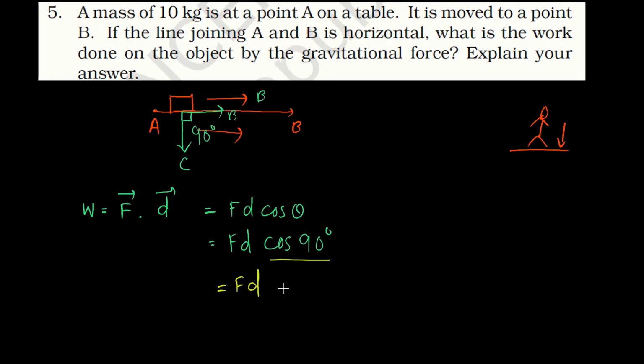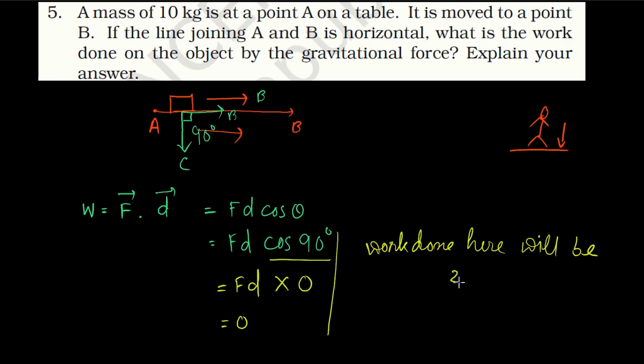You will learn in the future that cos 90 degrees always has the value 0, and if we multiply something with 0, we get 0. That means the work done here will be 0. And the reason is that the force and the displacement have 90 degrees between them. So that is the simple answer.